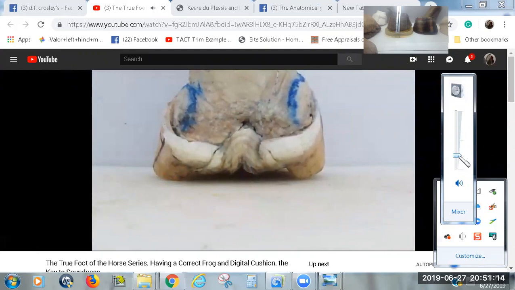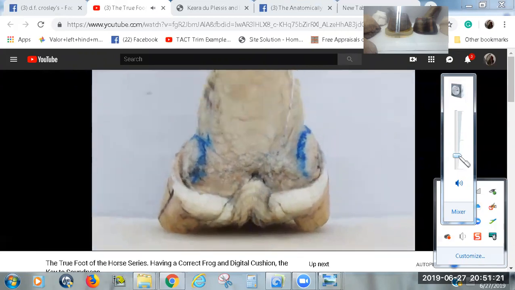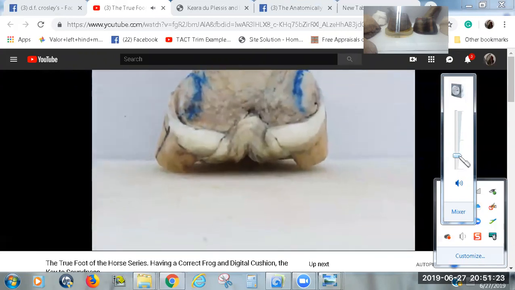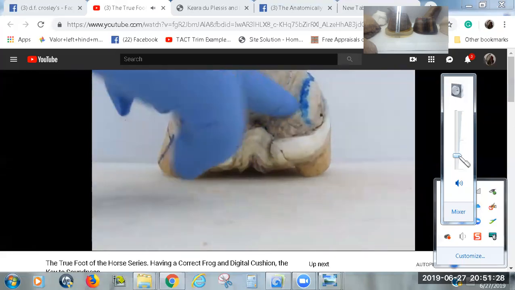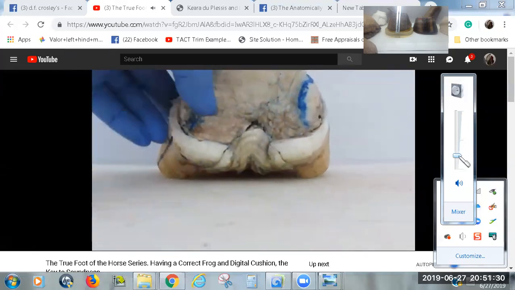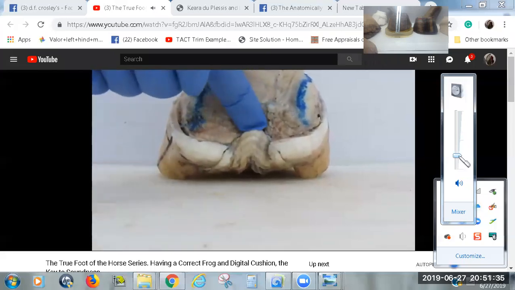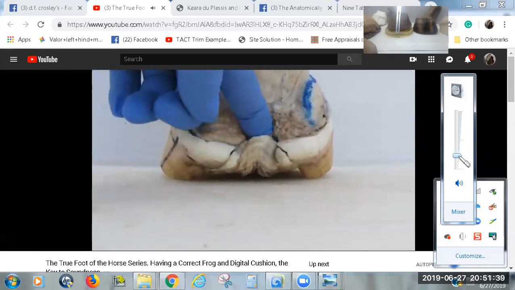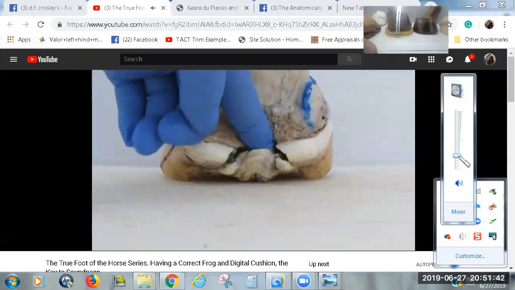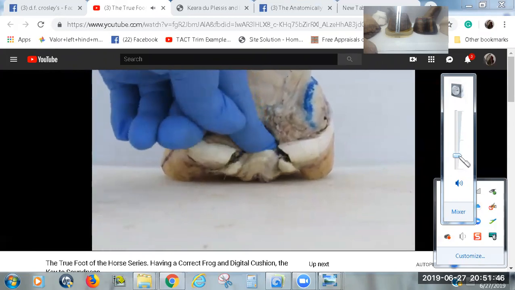Now, when the horse's pastern descends, right here, between these two, it spreads the collateral cartilages, and then it pushes down onto the frog stay, which has to have a little bit of room to just go like that. See that? Just a little bit of room to go like that.